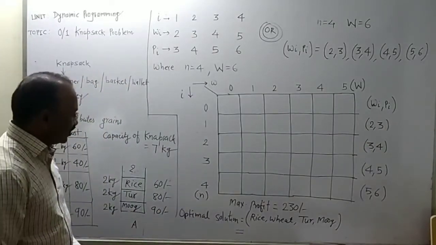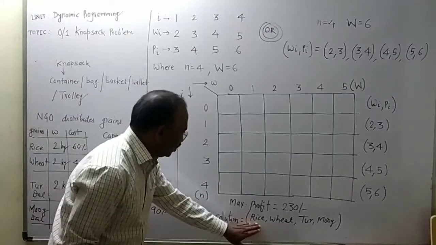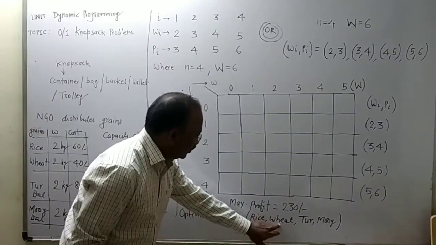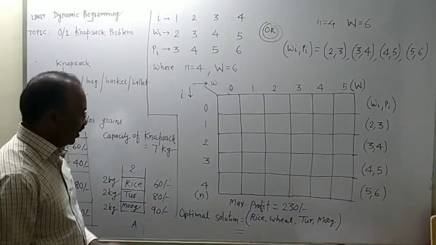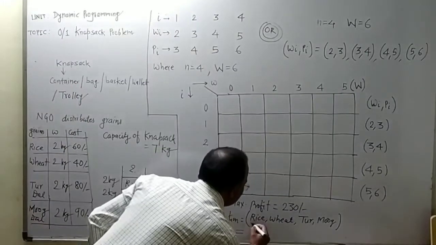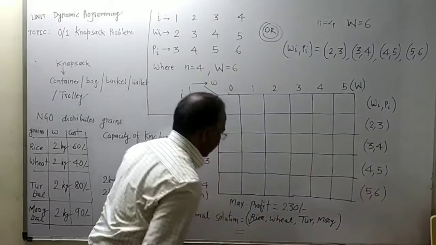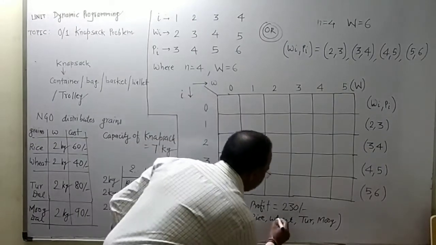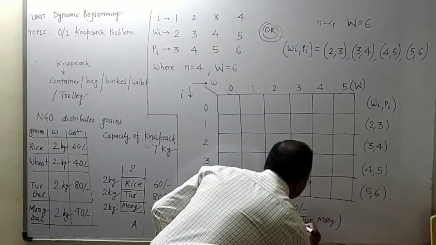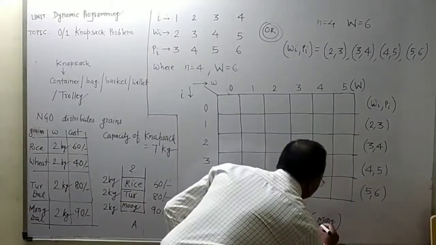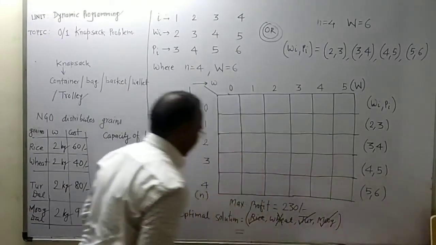Now, rice is collected, wheat is not collected, tur dal is collected, moong dal is collected.